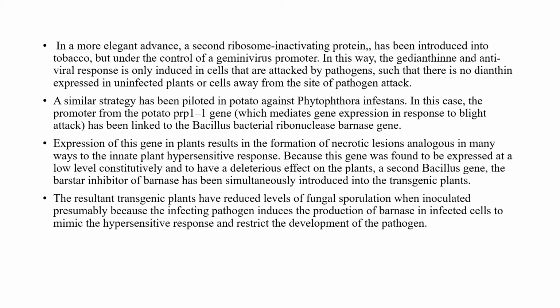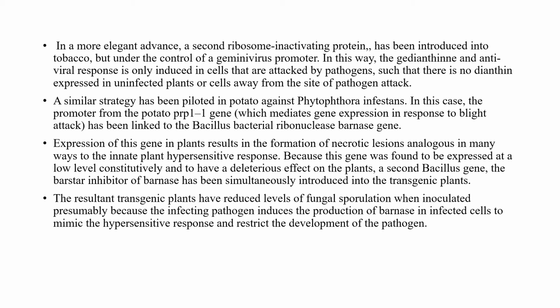A similar strategy has been applied in tomato against Phytophthora infestans. In this case, the promoter from the potato gene PRP1, which mediates the expression in response to the blight attack, has been linked to the Bacillus bacterial ribonuclease gene.